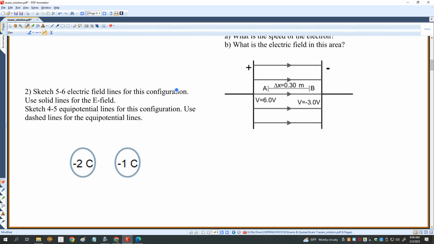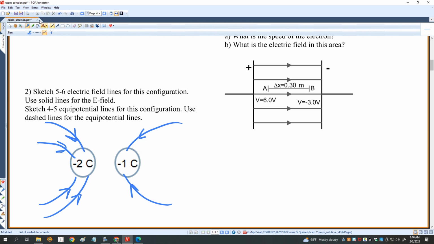Because they're both negative, the field lines are going to be coming out like this. And it's important too that since, excuse me, not coming out, the field lines are going to be going in, and then also recognize I should have twice as many field lines coming in there.